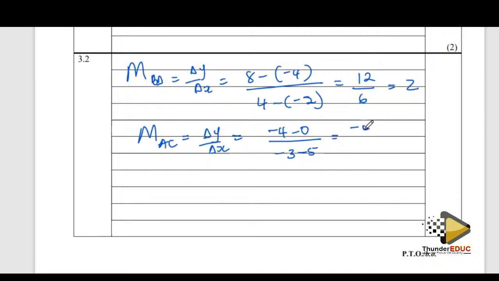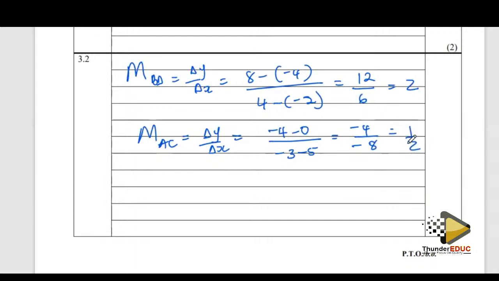So this is -4 over -8. Did I do something wrong? -4 minus 0, -3 minus 5. That is fine. Okay. This is giving me a half.